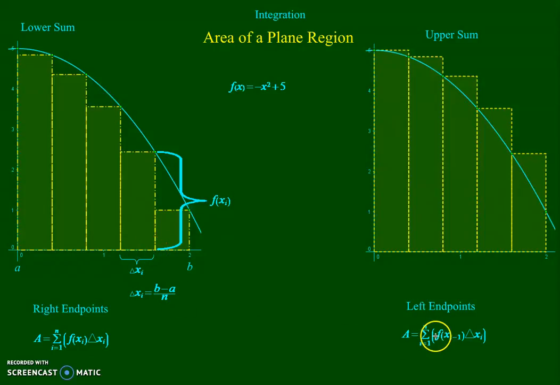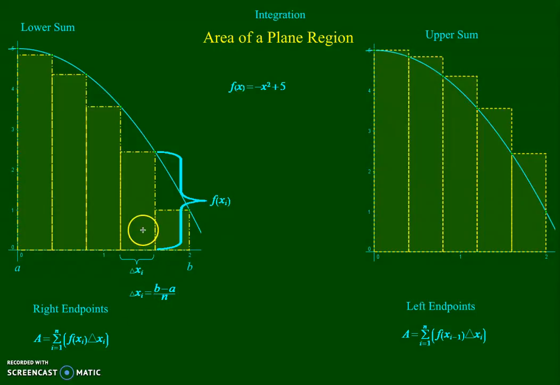Now over here for the left endpoints, since we're not dealing with this endpoint, we're dealing with this one, and we want the ith subinterval, we always have to subtract 1 from the i so that we use this left endpoint instead of the right endpoint here. So the formula is almost the same, except it's going to be x sub i minus 1 instead of x sub i. But the idea is identical.